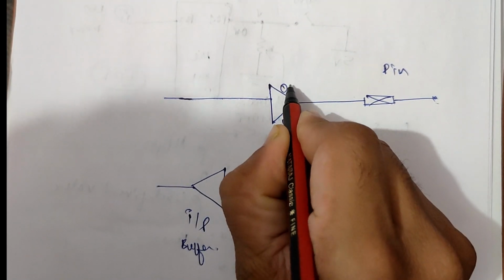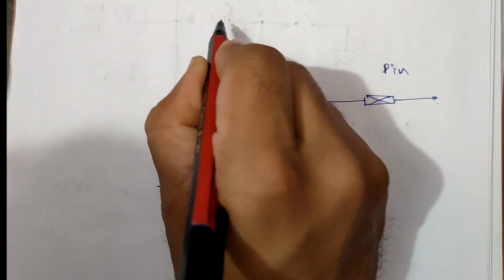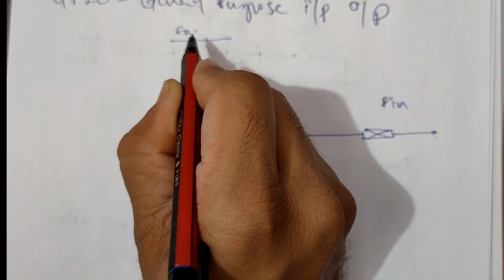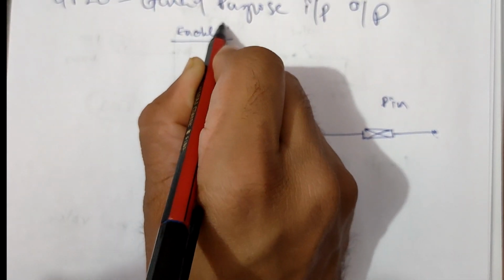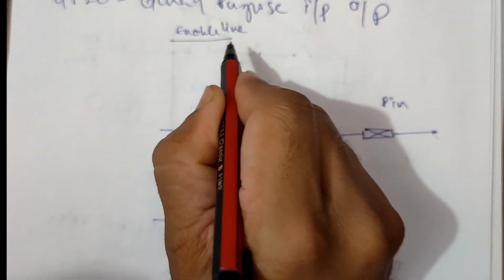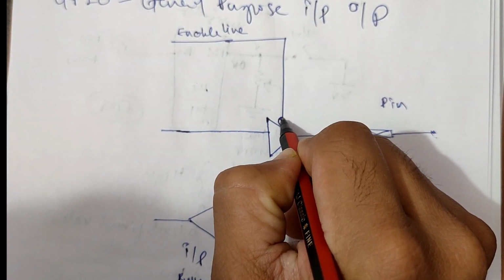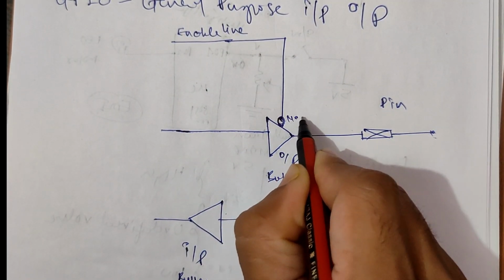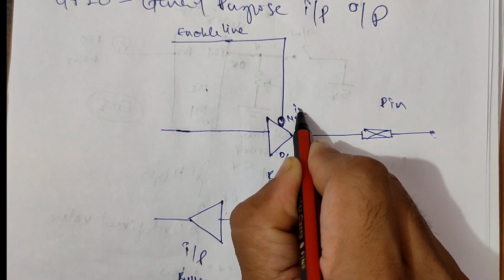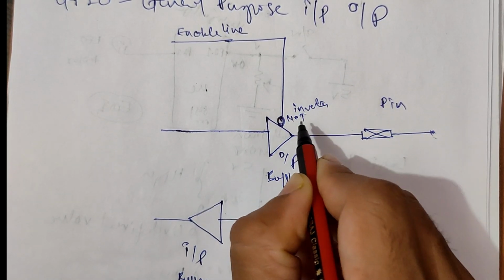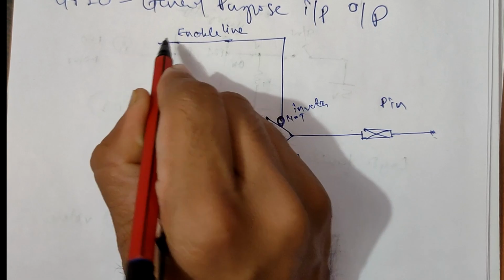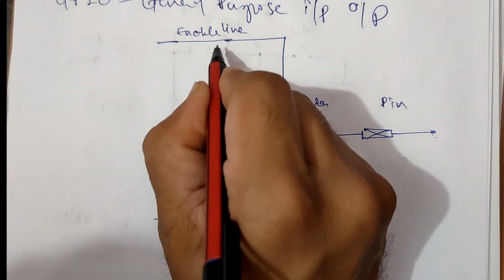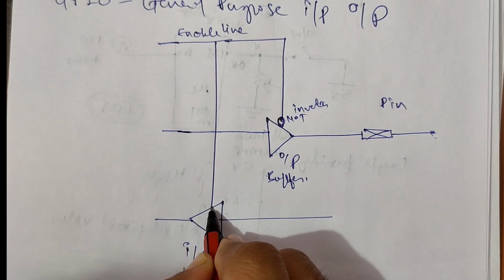This is an inverted enable line, connected to the output buffer. Here it is not an inverter, you can say inverter here. And the same enable line is connected to the input.